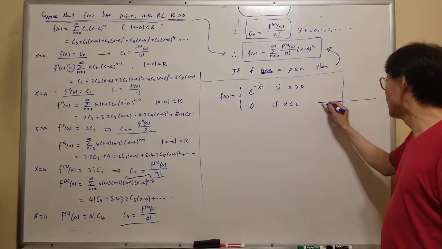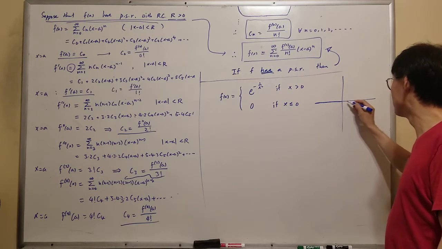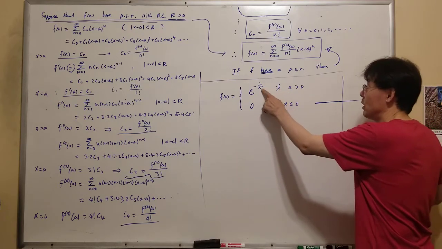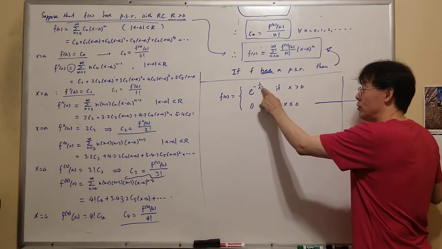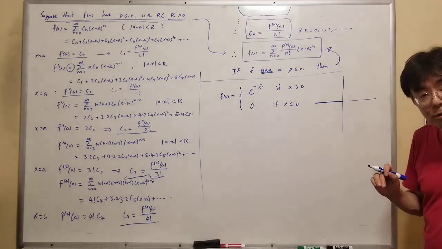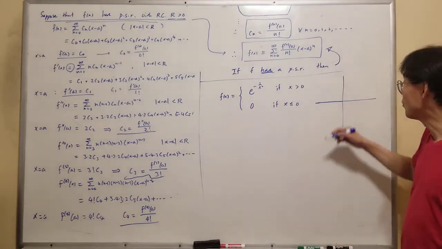So, over here your graph stays at 0. Now, if x is really large, 1 over a really large number is almost 0. e to the almost 0 is almost 1. Slightly negative power means slightly less than 1.